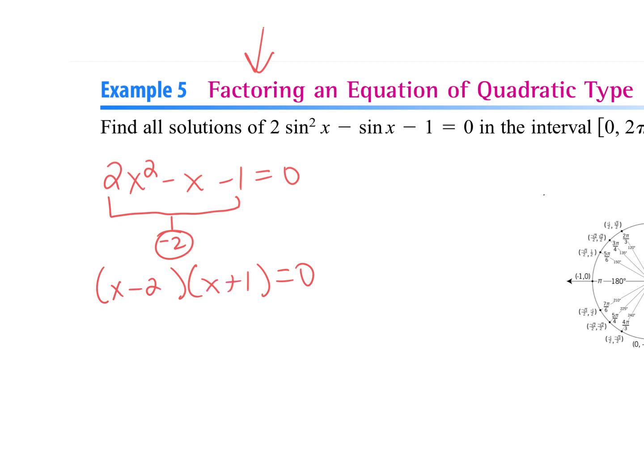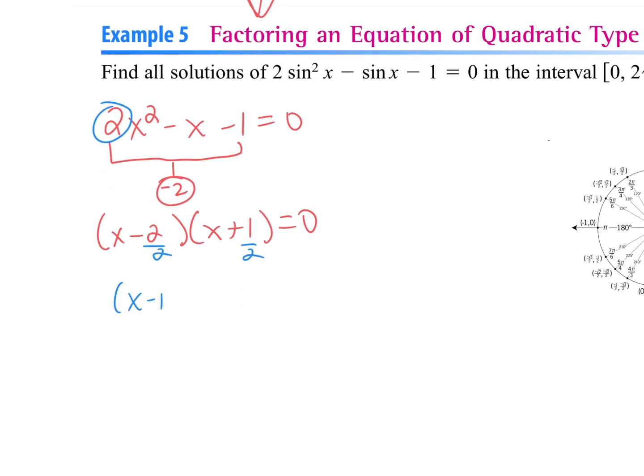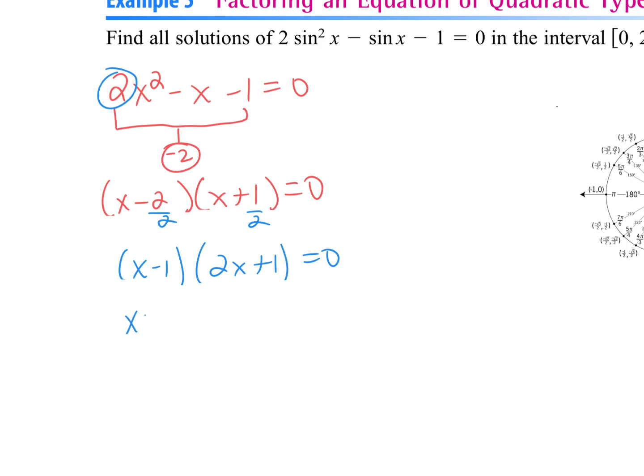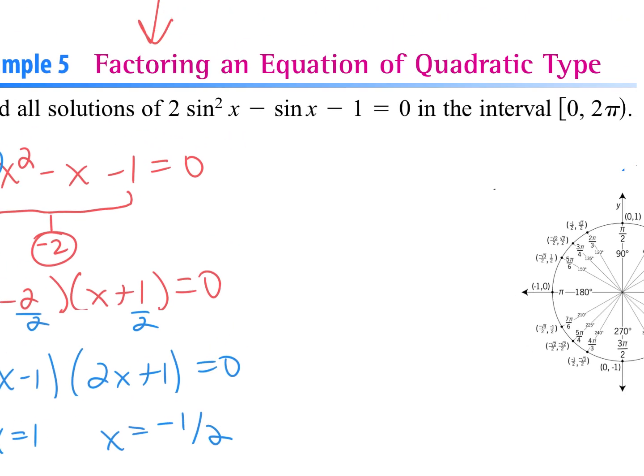Perfect. My a term is not 1, so what do I do with the a term? I divide it, right? So this becomes x minus 1, and this becomes 2x plus 1 equals 0. And then we solve, so we get x equals 1, and x equals negative 1/2. Everybody with me?